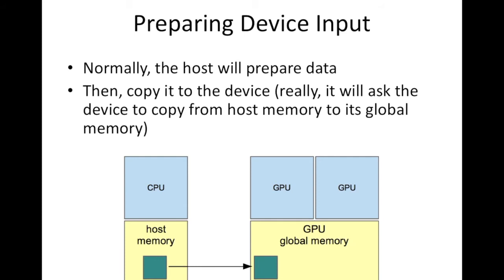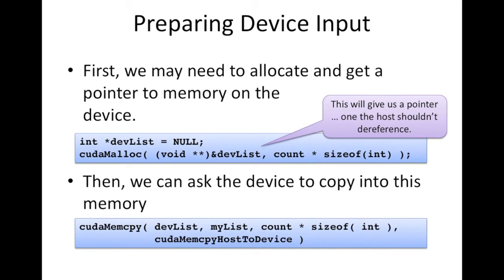So we can ask for memory on the device. We can call functions that copy things from the host to the device. And then when we run a kernel, if we've allocated memory on the device and copied some data over, that data should be there on the device when our threads start up. The functions we need to do this, like I said, we'll need to be able to allocate memory that's in device memory rather than host memory.